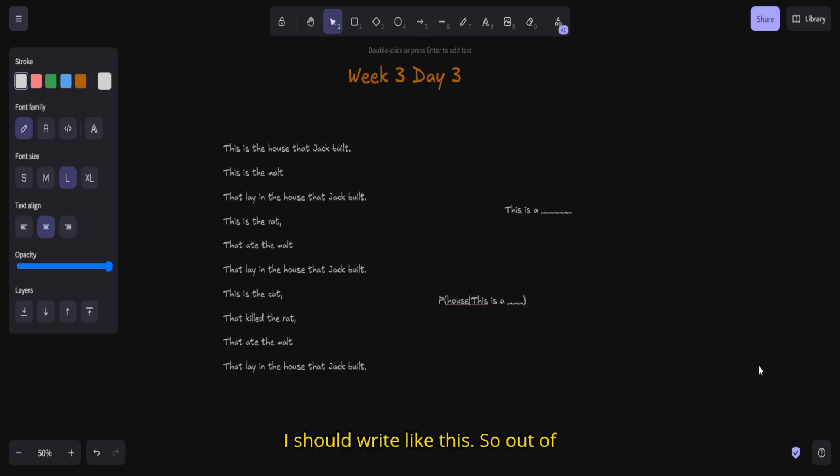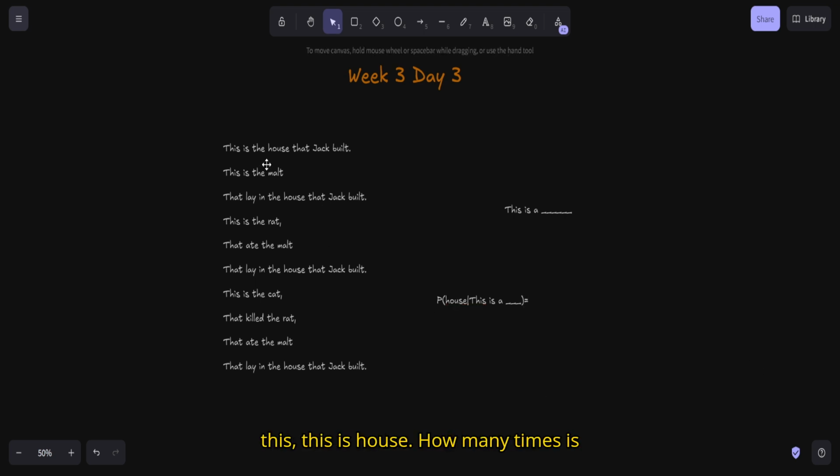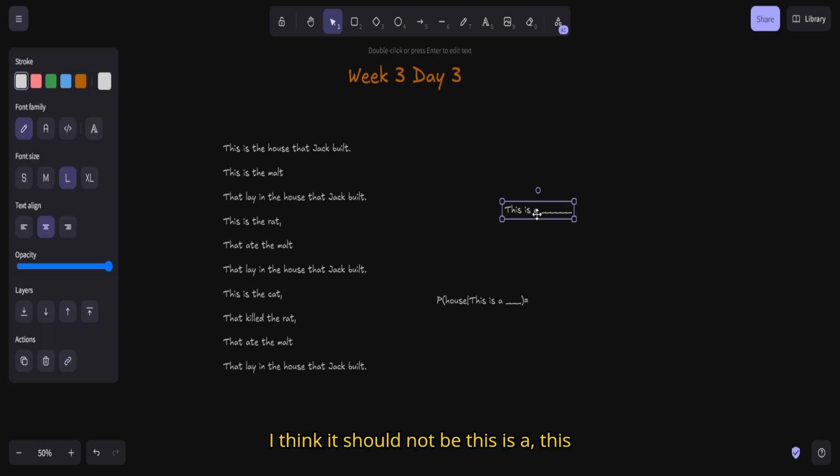I should write like this. Out of these, how many times is there "this is house"? Only one time. And what is the probability? I think it should not be "this is a", it is "this is the", sorry.